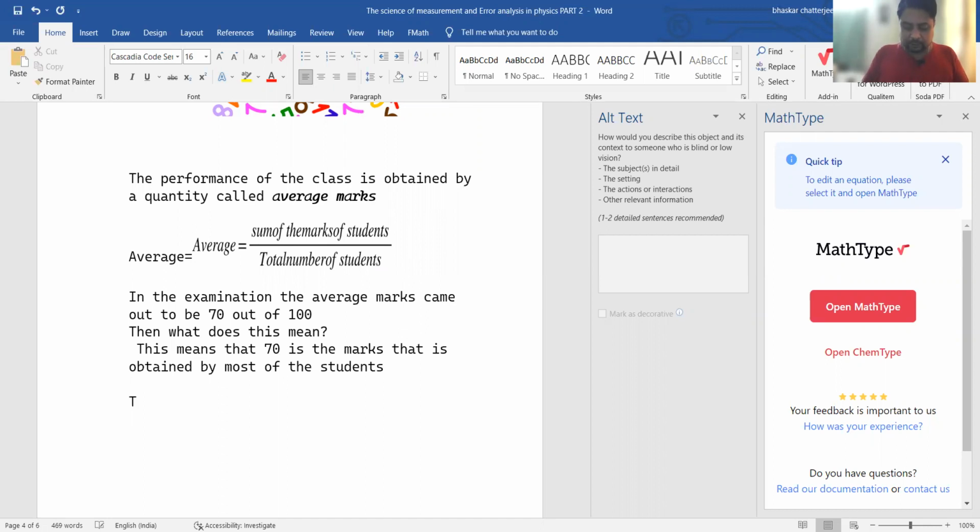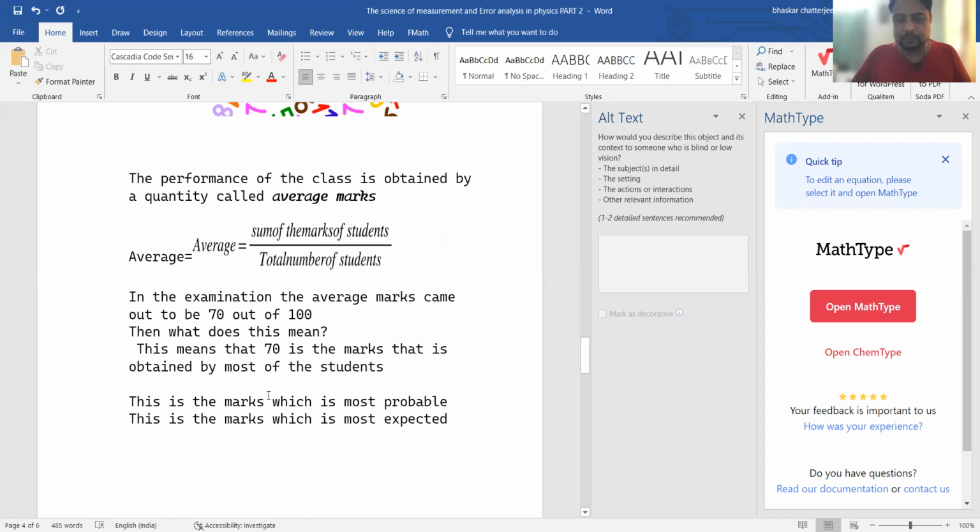This can be said in other words. This is the marks, in the words of probability, and this is very much applicable in statistical and quantum mechanics, which is most probable. Again, it means the same thing. This is the marks which is most expected.